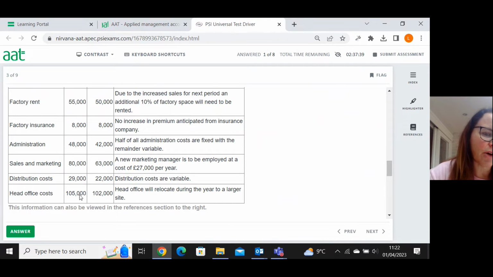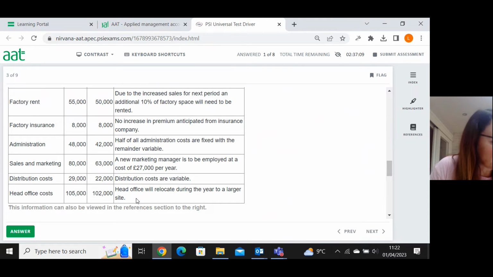And then finally, head office costs. So we're told, we probably assume that these are fixed, but then it says head office will relocate during the year to a larger site. Well, that sounds pretty expensive to me, you know, a big move, reorganisation, that comes with a cost. Unless, of course, the larger site is in a cheaper location, which I didn't actually think of when I wrote my answer.